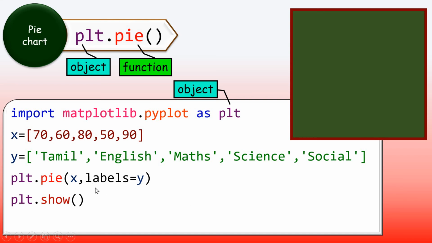You should write labels equal to y. This type of argument is called a keyword argument, where the name of the argument is given and then its value, labels equal to y. Now let us see the output of this pie function.